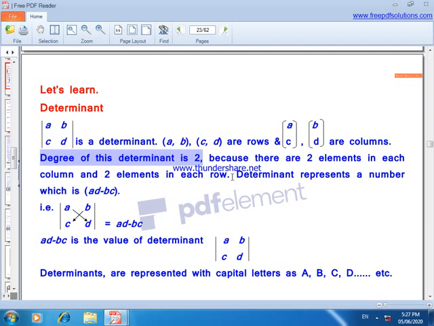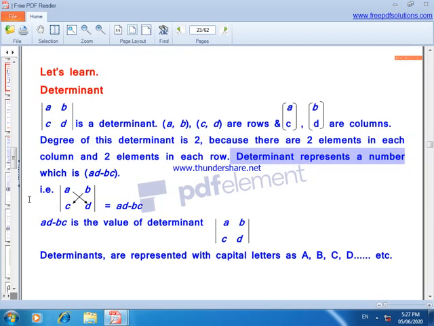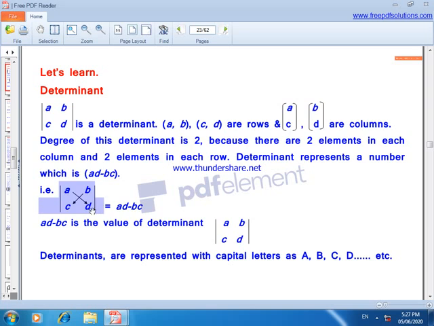Now each determinant represents a number. Which number is that? Let's see. Here the determinant A, B, C, D. When we cross multiply this determinant, that means A into D and B into C, and subtract them, that is AD minus BC.